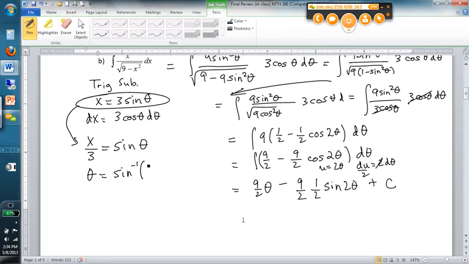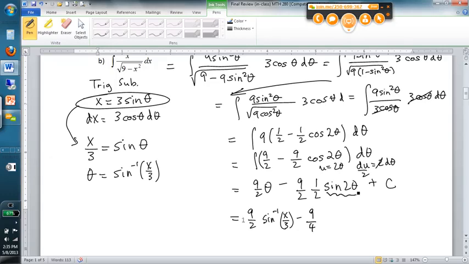So that's what's going to go in for theta there. Now the other thing is, let's talk about this one, 9/4. What are we going to do about sine of 2 theta?